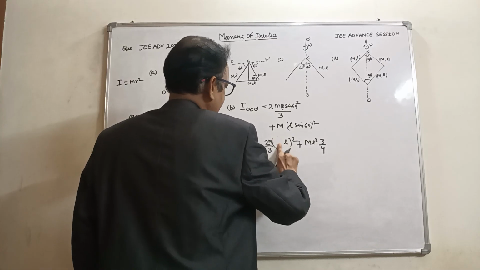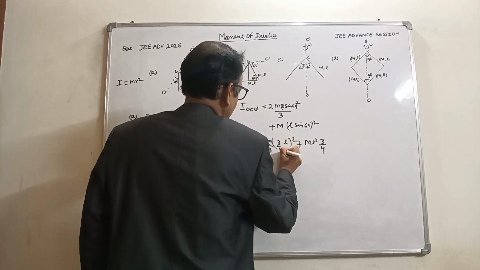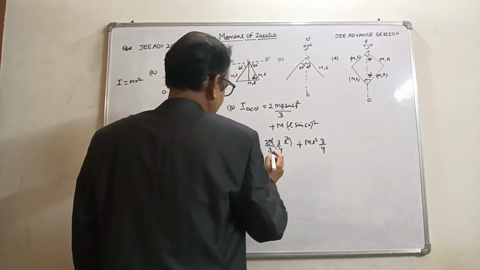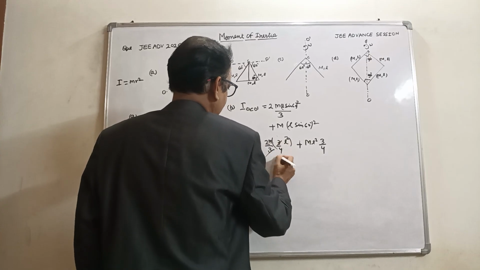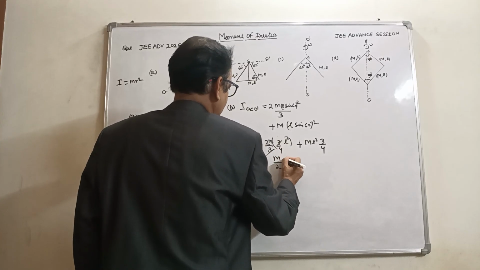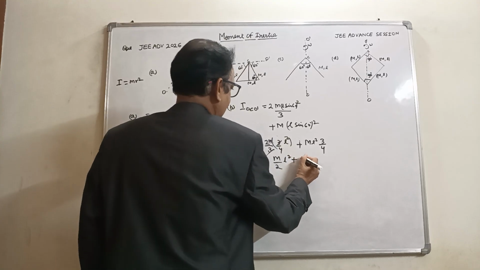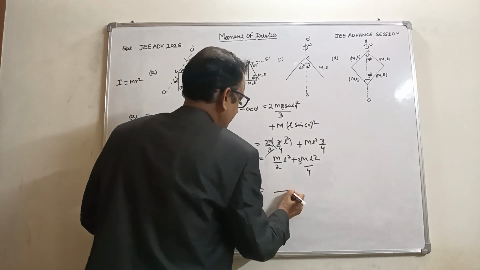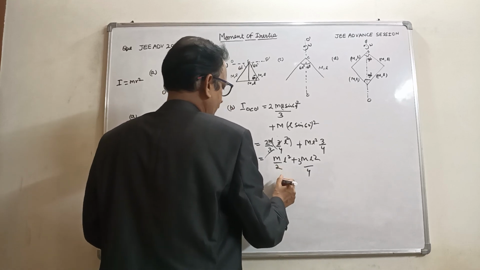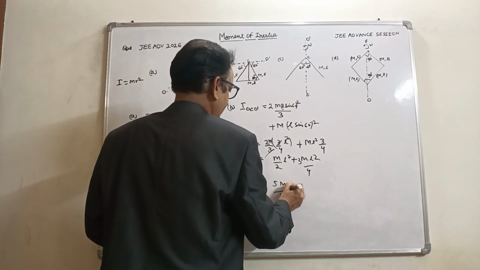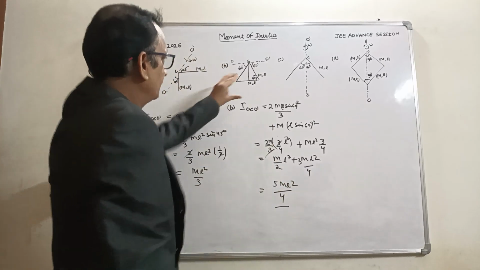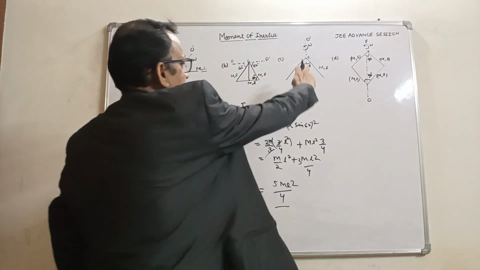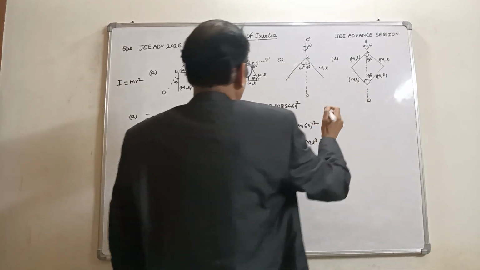So here 2 by 3 m L square times 3 by 4, the 3 cancels out, so this becomes m by 2 L square, plus m L square times 3 by 4, ml square by 4... so this becomes 2 plus 3, that is 5 ml square by 4. This is the moment of inertia about this axis of rotation. Here the axis of rotation is this type.